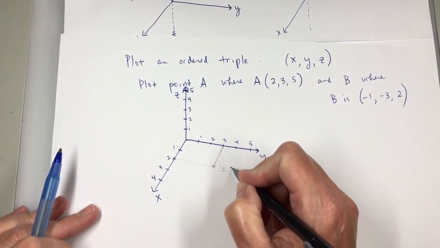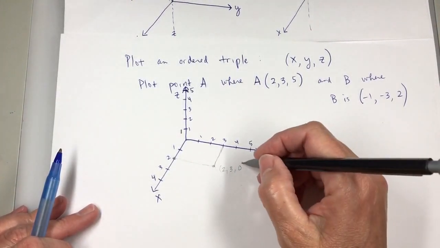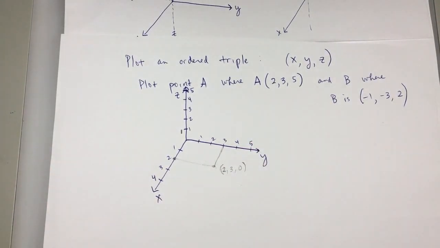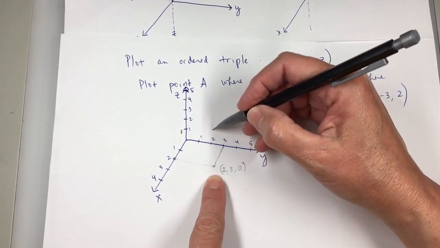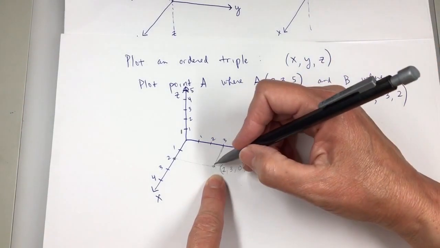I'm writing it lightly in pencil. This is showing my thinking on how to get where I want to go. And then from this point I'll come straight up, parallel to the z-axis.